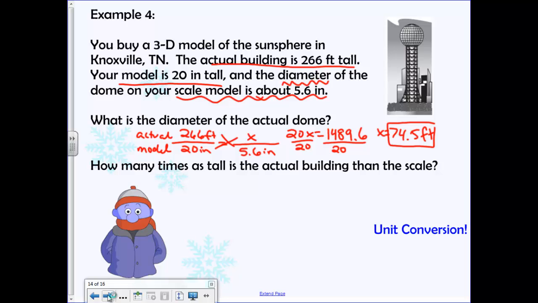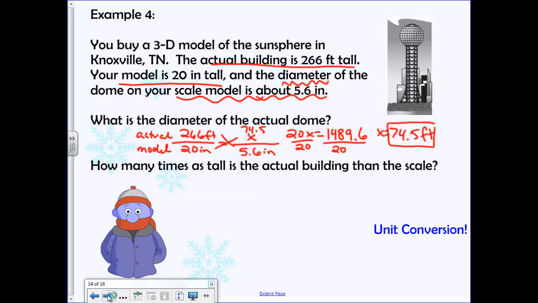When I talk about how tall the figure is, it's 266 feet tall in real life, but the model's 20 inches tall. So now when I talk about the diameter, in real life I'm saying it's 74.5 feet, and on my model it's only 5.6 inches for the diameter. Does that make sense? If I put the 74.5 here, does that look right?